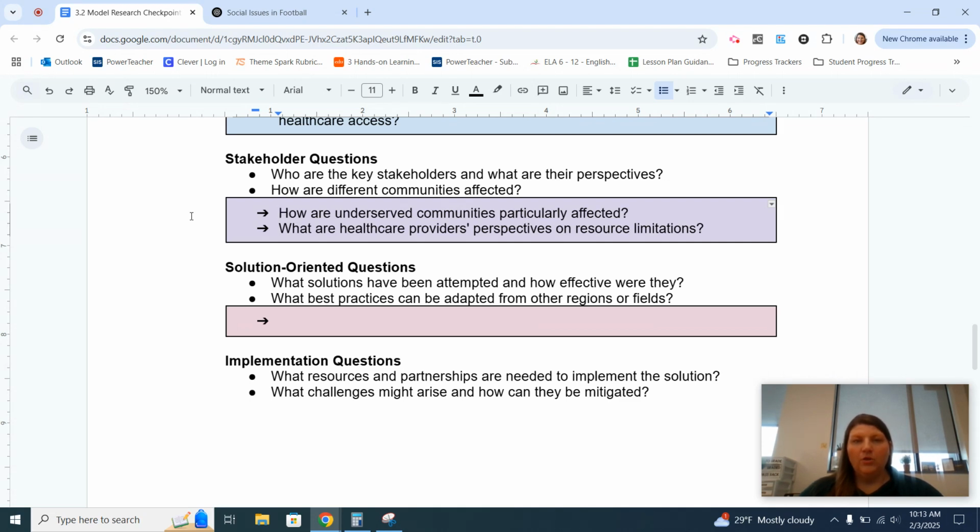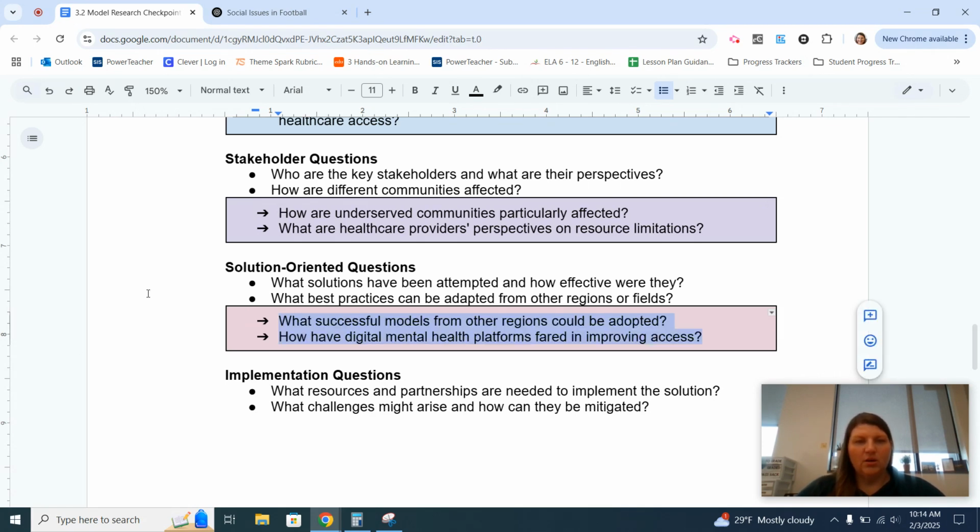And then what are healthcare providers' perspectives on resource limitations? So we have to remember that healthcare providers are people too, and they went into their profession in order to help people. They are limited in their scope of what they can do based on the resources that they have, and I'm sure they have very strong opinions about that. So seeing their perspective might help us understand how to propose a solution.